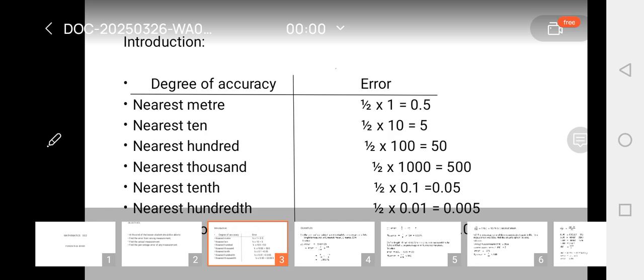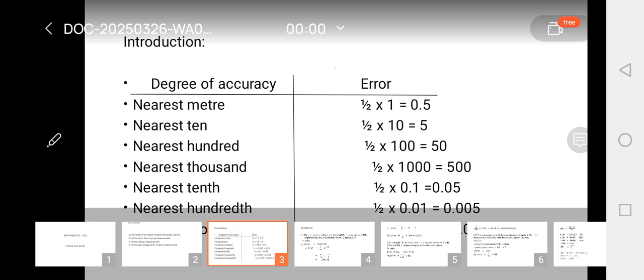So people, when they are measuring things, their hand might be shaking. Some people, the instrument they use might not be accurate enough. For example, these are things you need to note. Anything measured in meter, there's possibility of 0.5 error.